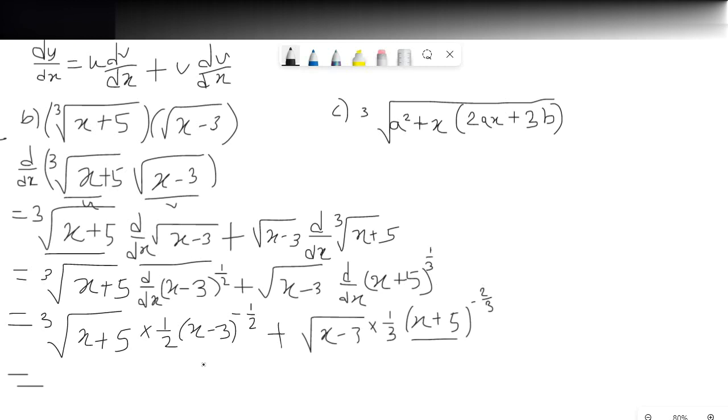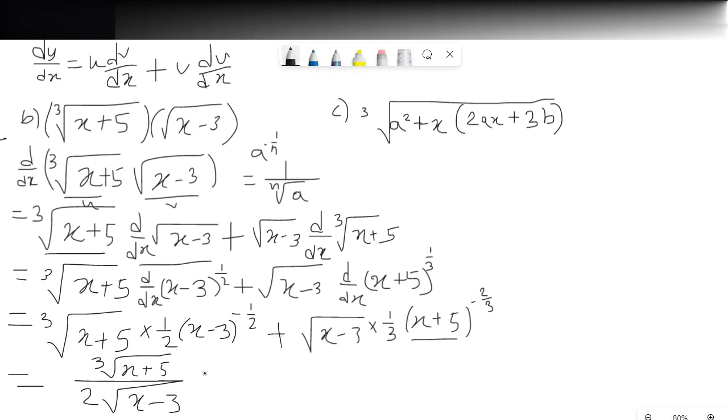So for our final answer, you can either write the whole thing in index form, or you can simply write them in their exact form, which will be, for this case, cubic root of x plus 5 divided by 2 root over x minus 3. This is because if you have anything to the power of minus 1 by n, then its exact form will be 1 by nth root of a, or a to the power 1 by n.